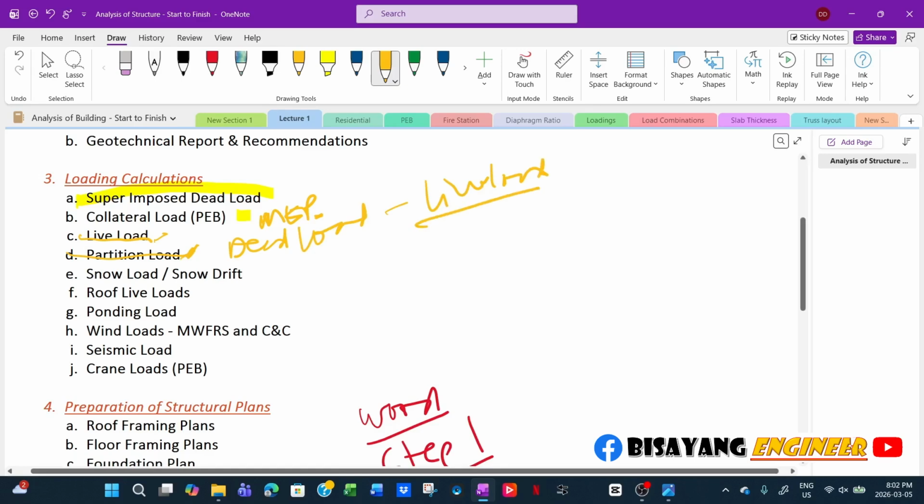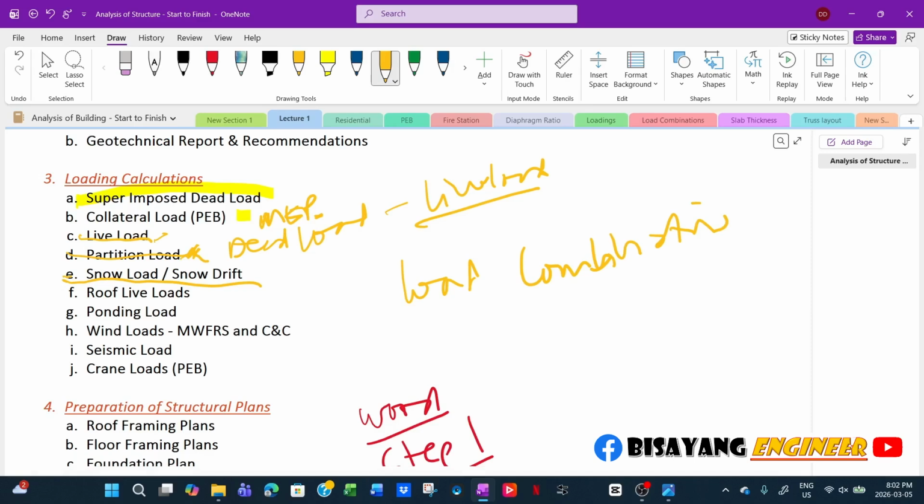So it is important to know the definition of this load so that you can apply the appropriate load factor when you do the load combination. And then this is snow drift or snow load. We already discussed this one.